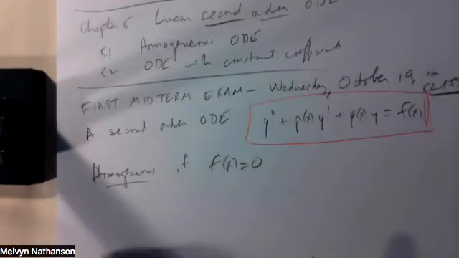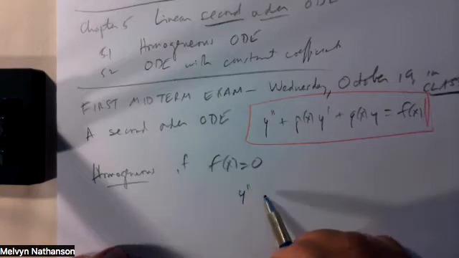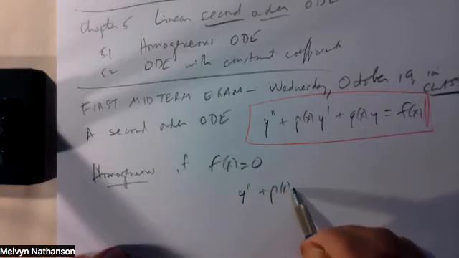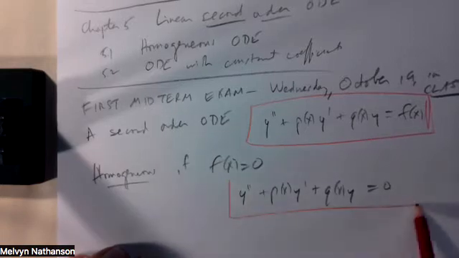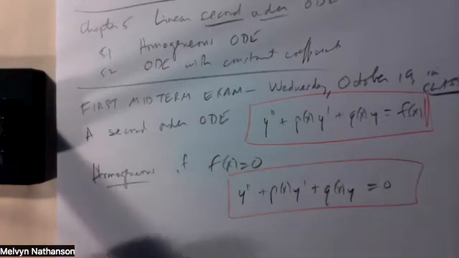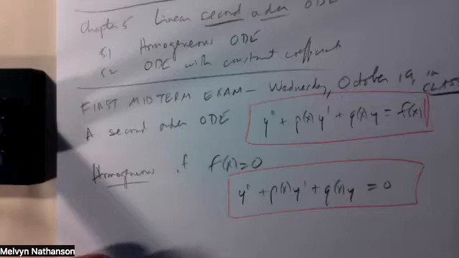So a homogeneous equation looks like y double prime plus p of x y prime plus q of x times y equals 0. And we're going to spend 2 weeks studying these homogeneous equations. Then we'll have the midterm, and then we'll look at non-homogeneous equations.